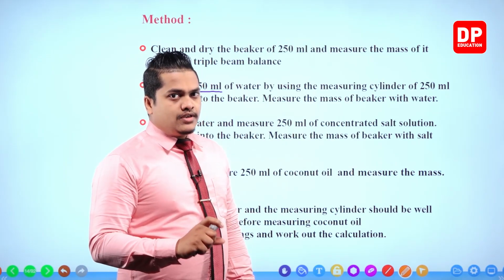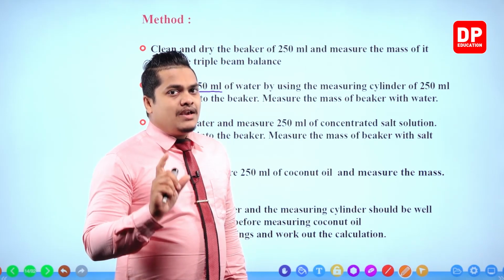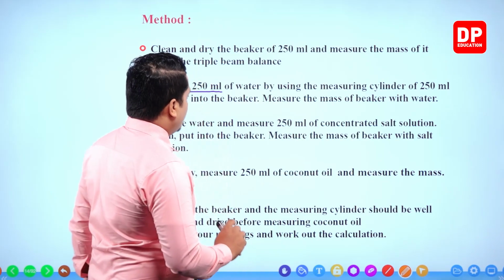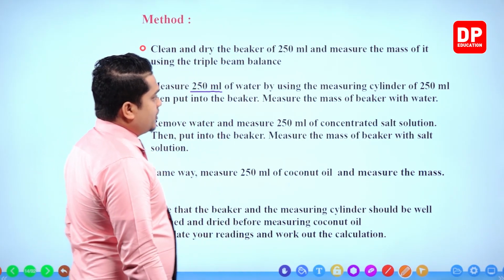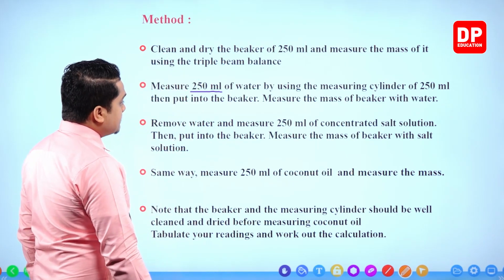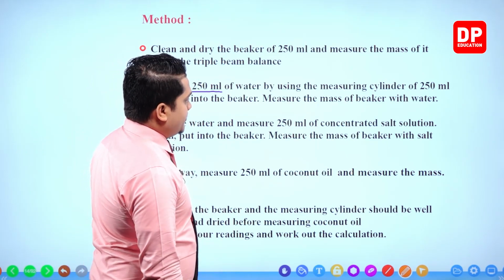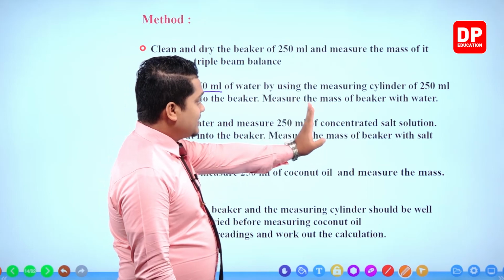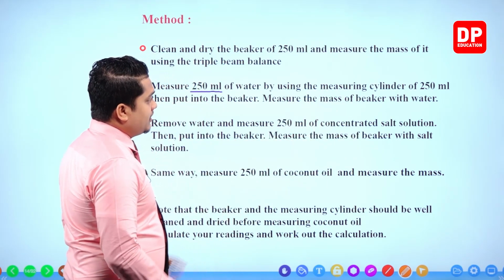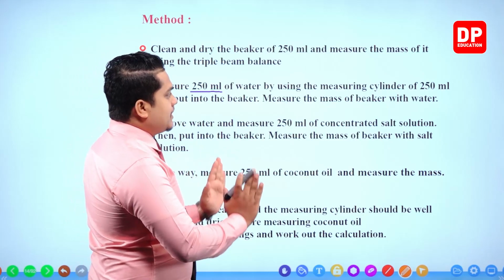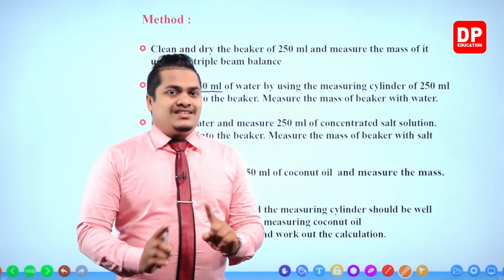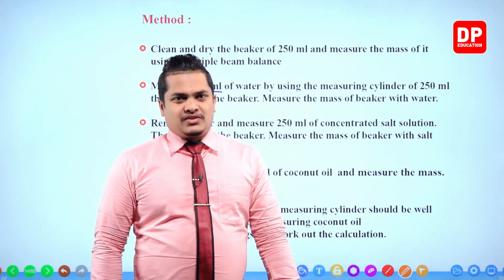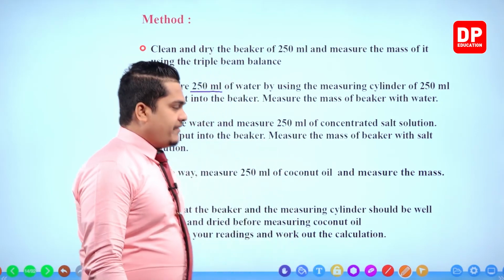Now we are going to measure the mass of the beaker with water. Then by subtracting, we can find out the mass of water, like in the previous case, no problem. Then what do you have to do?